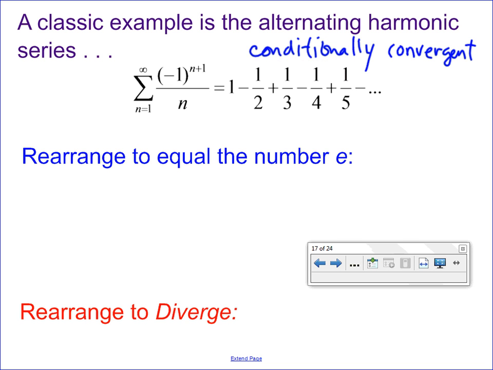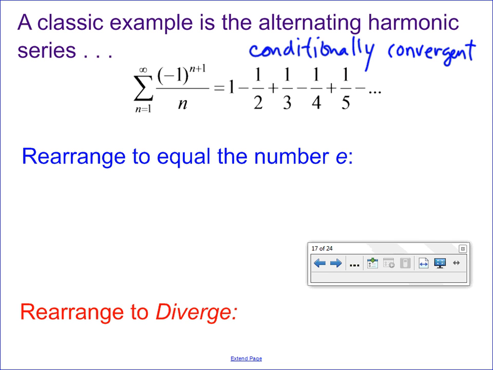All right, let's consider rearranging the terms to equal the number e. Or pi. We could rearrange the terms to equal the transcendental number pi. I want you to think about the partial sums with me. We're going to take these same terms that are in this conditionally convergent series, but let's only grab the positive ones.